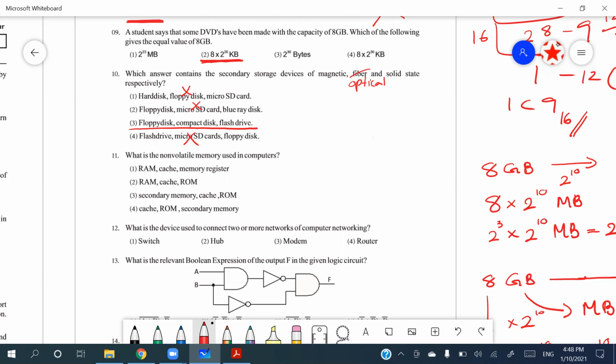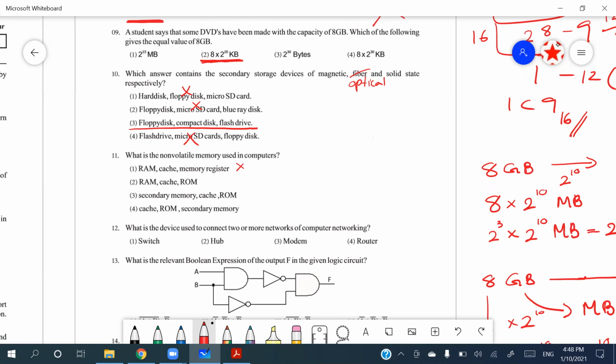When the power is disconnected, the memory is going to be cleared, right? So non-volatile things are most probably the secondary storage and the ROM, right? So RAM, cache, memory registers, those are volatile memories. So not a suitable answer.